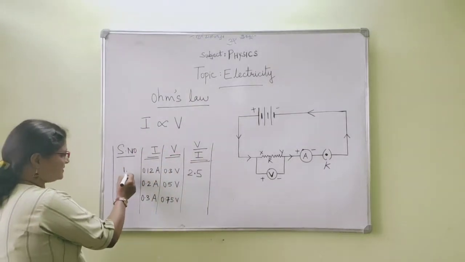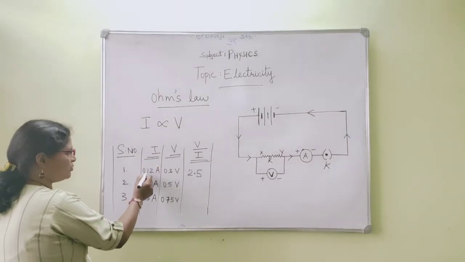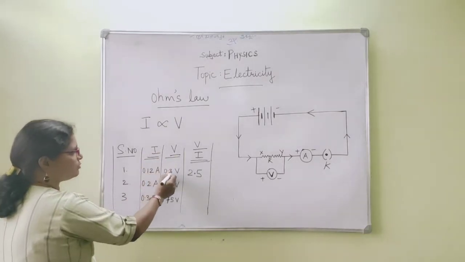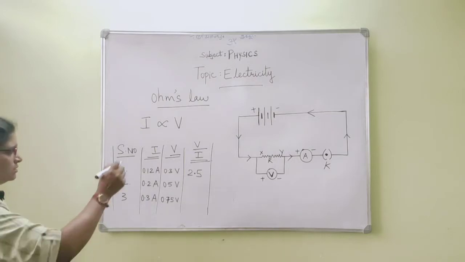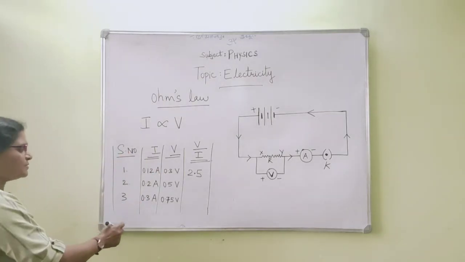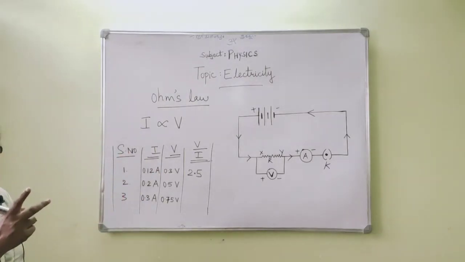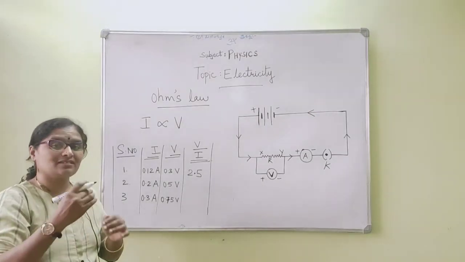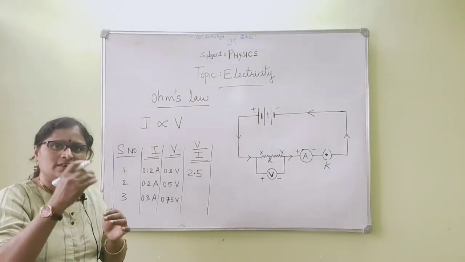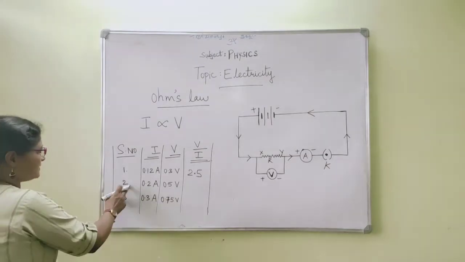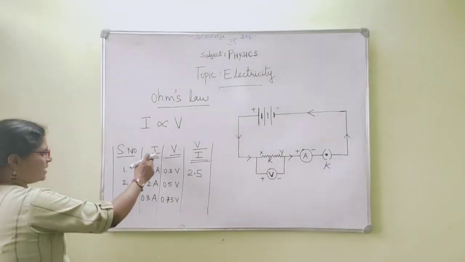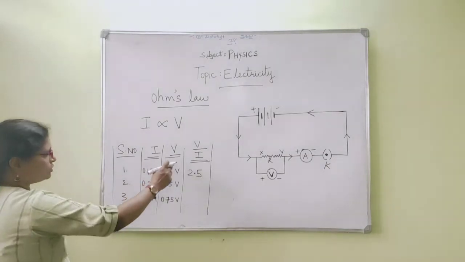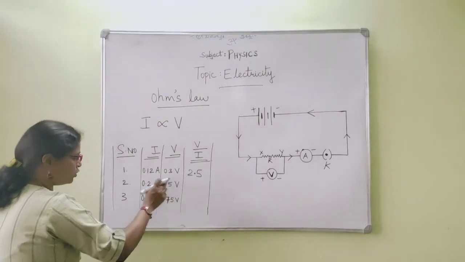So here in the first step you can see the ammeter reads 0.12 ampere and the voltmeter reading is 0.3 volts. Now we repeat the same experiment by taking 2 cells. As I told you, we increase the number of cells in every step. So in the second step, the ammeter reading is 0.2 ampere and voltmeter reading is 0.5 volt.